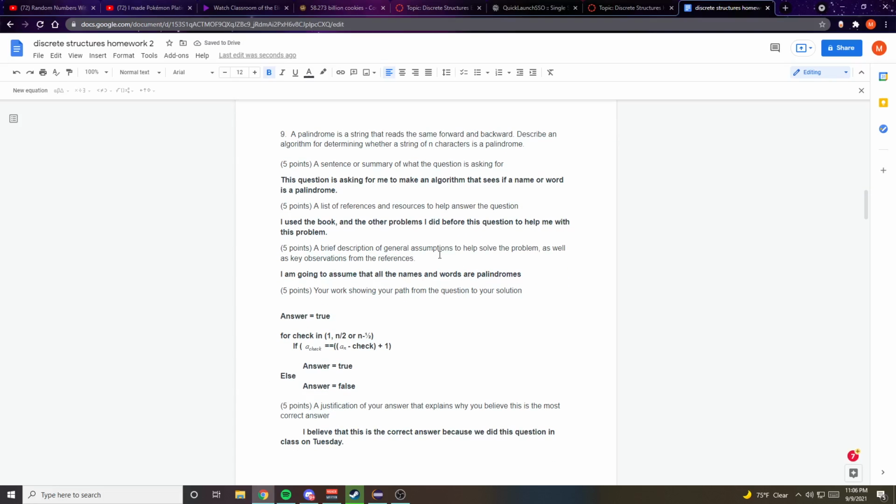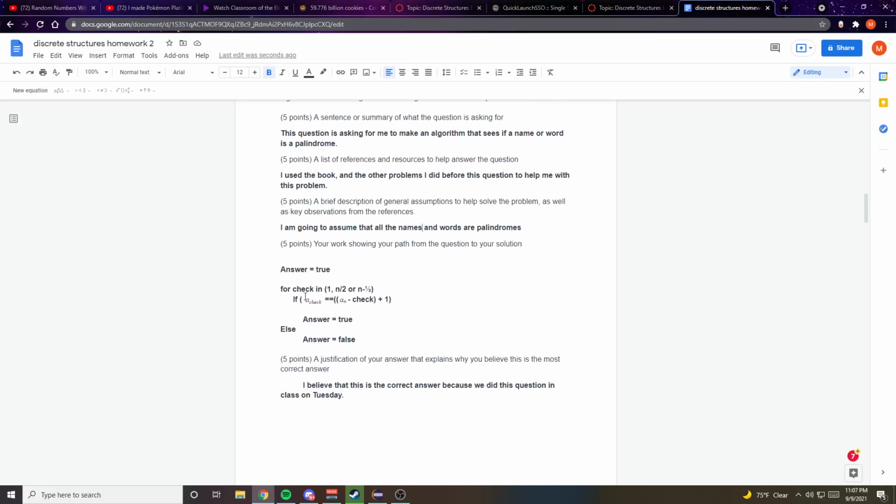A brief assumption: I'm going to assume the inputs are palindromes, not something random. So answer equals true. For check in 1 to n divided by 2, or n minus 1 divided by 2, if a sub check equals a sub n minus check plus 1, answer true, else answer false.